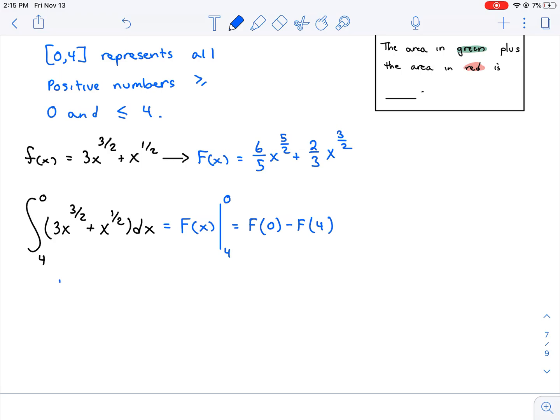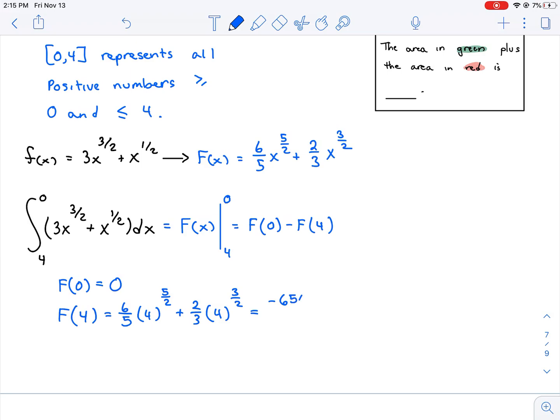All right, so let's evaluate the antiderivative at 0. And that's just going to be 0. Next, we're going to evaluate the antiderivative at 4, and that will look like this. And since 4 is a perfect square, you can evaluate this expression in decimals and get an exact answer.